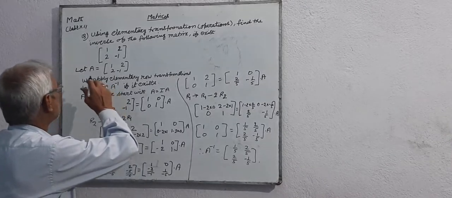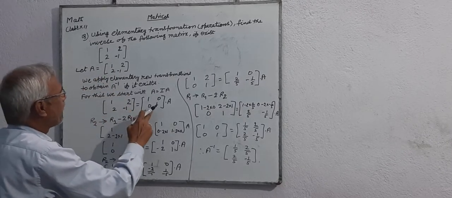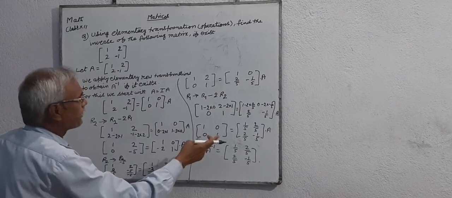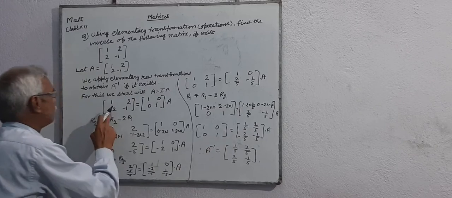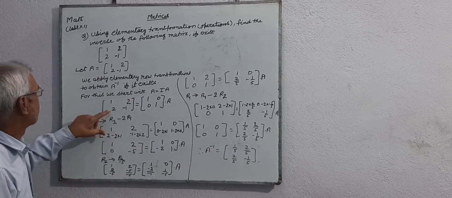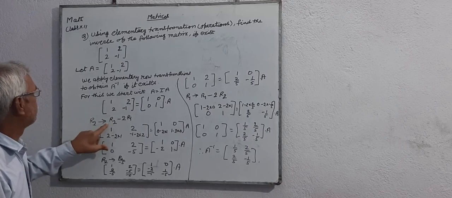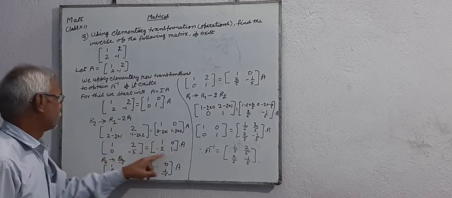First of all, A converts into I, then I converts into another matrix. This matrix is called the inverse. We start with the left bottom, convert it into 0, applying R2 minus 2R1. We get this.